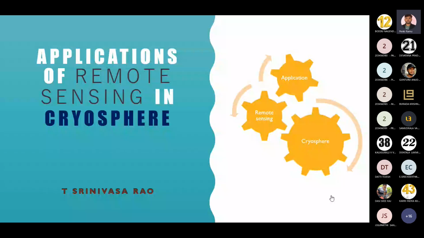Here I would like to rewind just a little bit. Remote sensing has so many applications in so many fields: climate, weather, surveying related things.